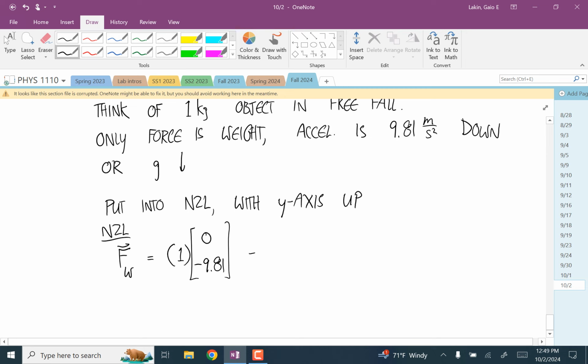And so the weight force is 0, negative 9.81. If you multiply kilograms and meters per second squared, you get newtons. So this is in units of newtons. So that's the force that gravity applies to a 1 kilogram object.